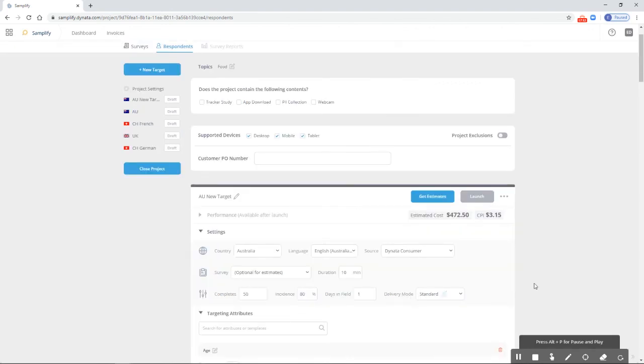The last example which we're going to cover now is exclusions, which can have an impact on your traffic flow as well. If you do have too many exclusions in field, it is possible that at a certain point your study will dry out and you will not be able to get fresh targeted sample in it.